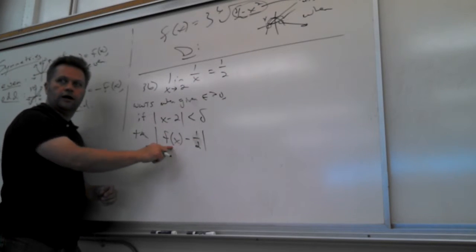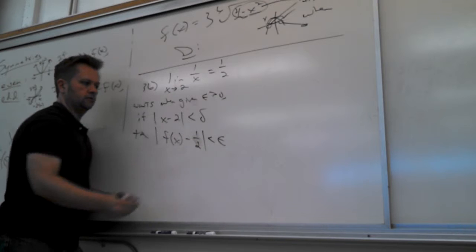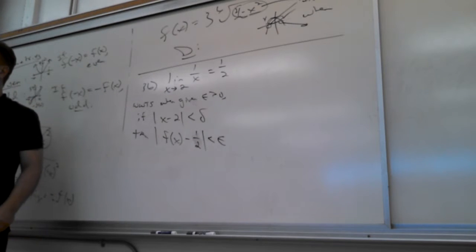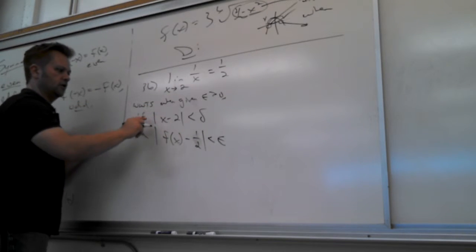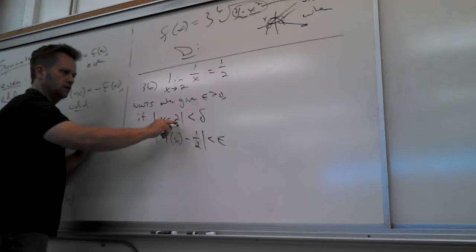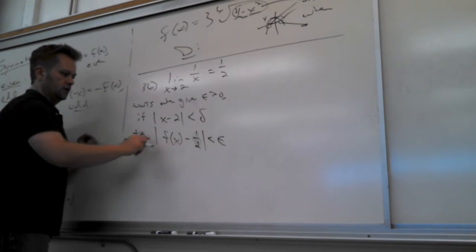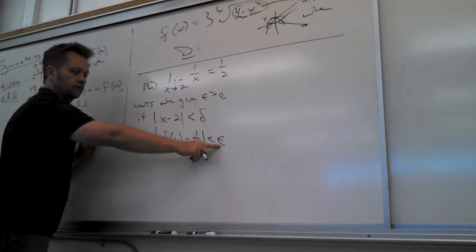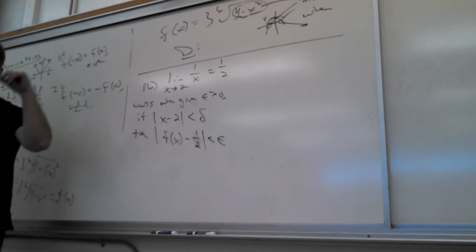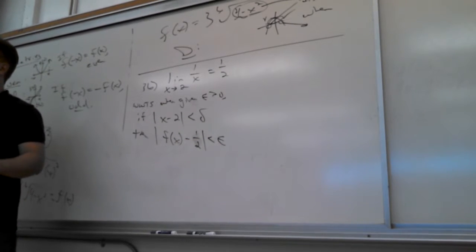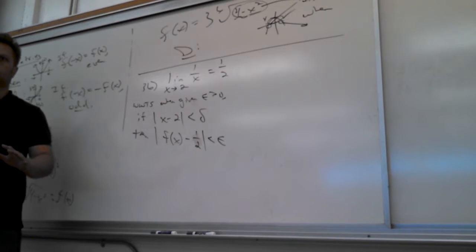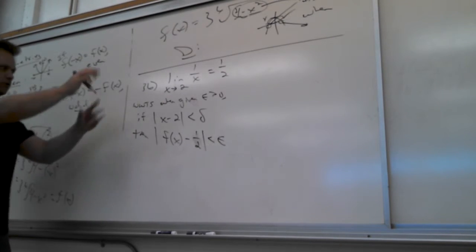And of course, close for outputs is defined by epsilon. So what this really says is when my inputs get close to 2, then my outputs get close to 1/2, and the closeness is defined by epsilon. So that's what we want to show.